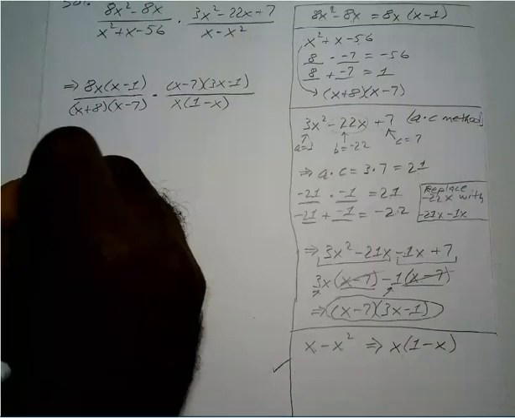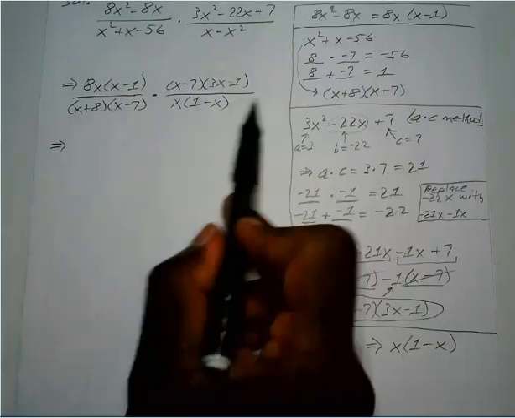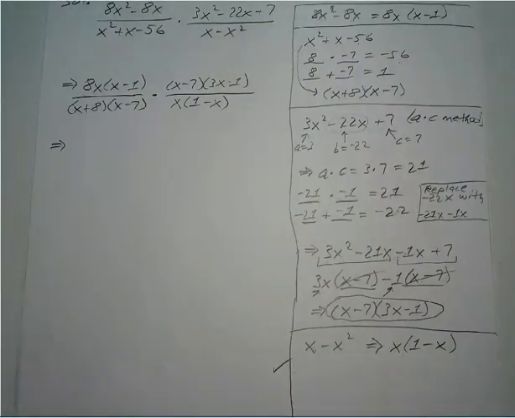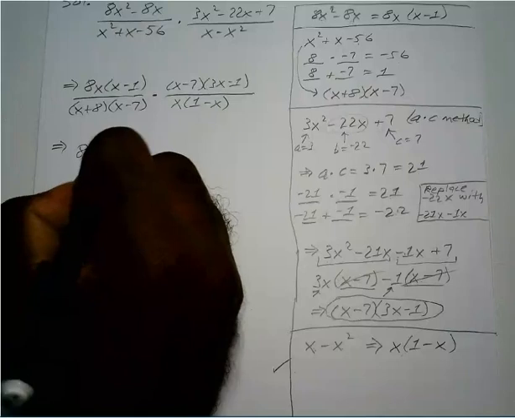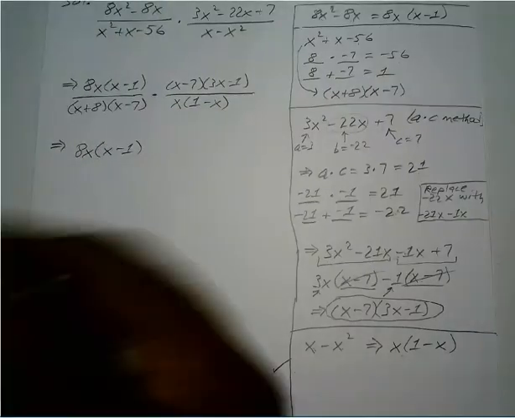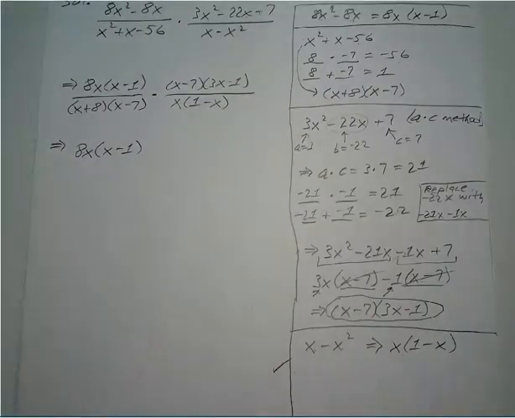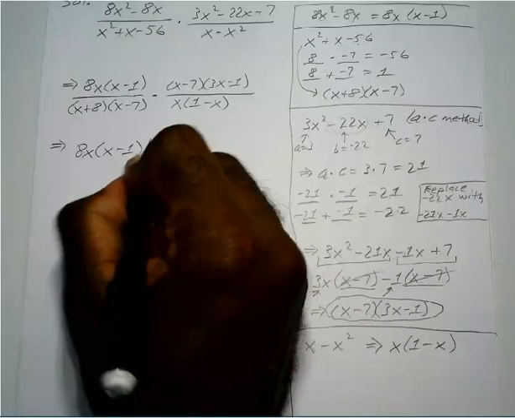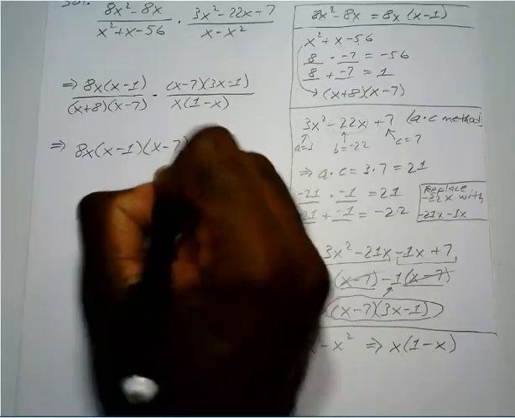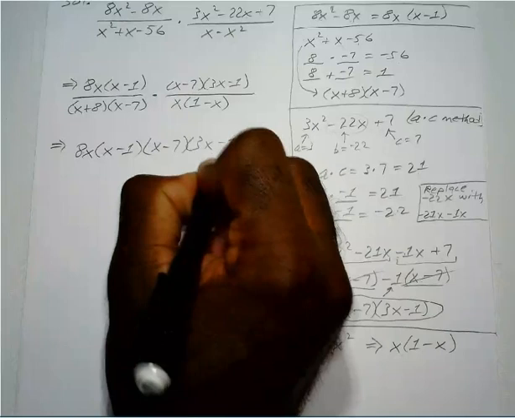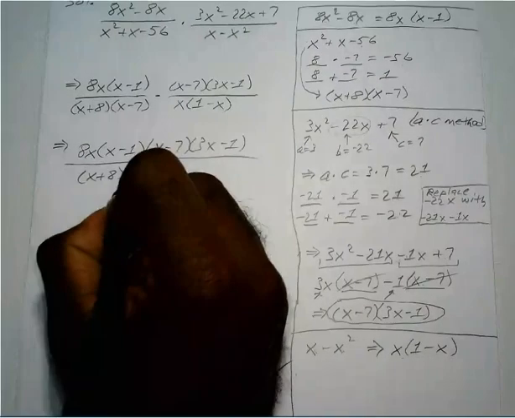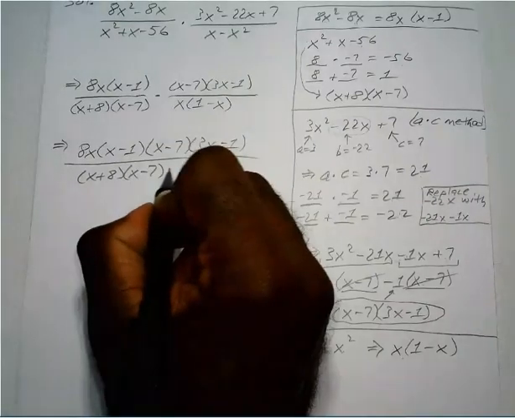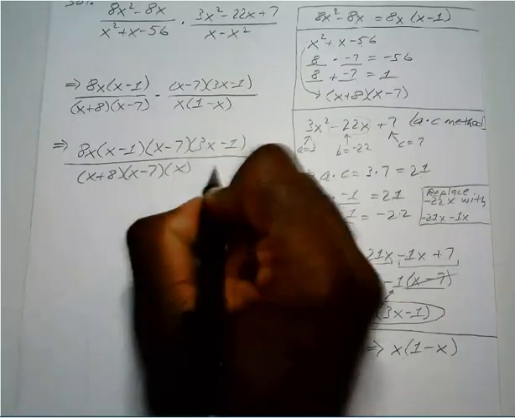Okay, so if we put those all over one fraction, we have 8x times x minus 1, or you can put 8 times x if you want to. You don't have to. Times x minus 7 times 3x minus 1, all over x plus 8 times x minus 7 times x times 1 minus x.